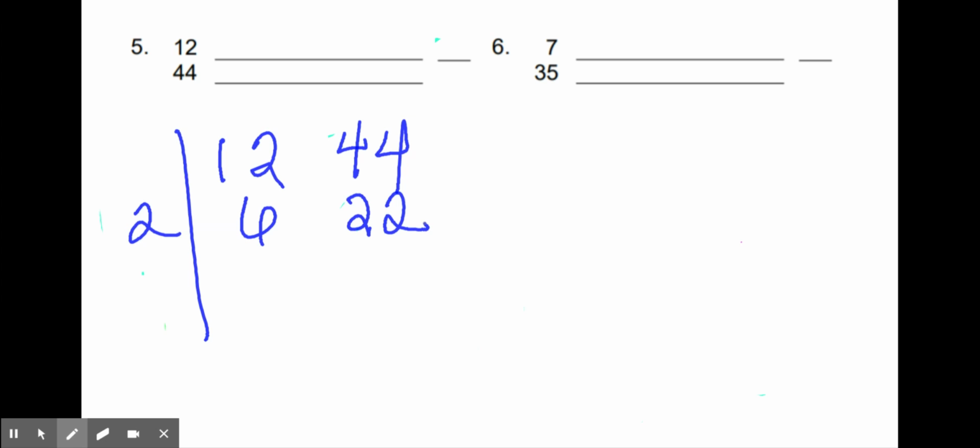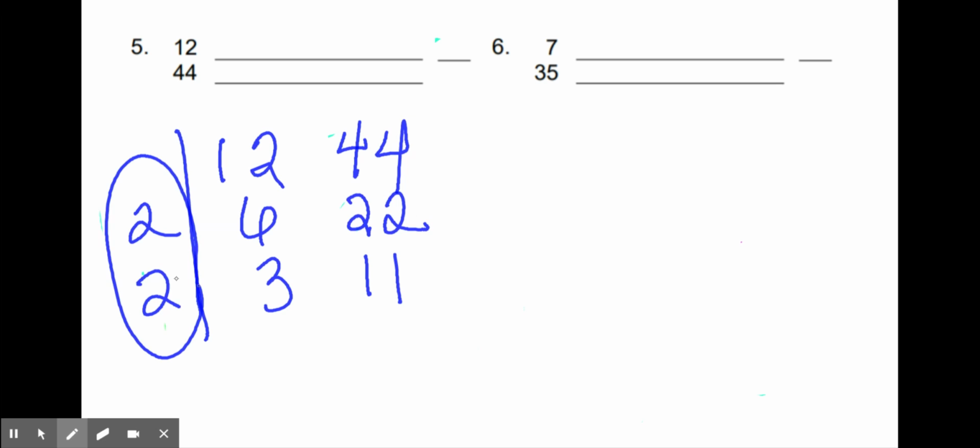Now I look at 6 and 22. They're both even, so I'm going to do another 2. 6 divided by 2 is 3, and 22 divided by 2 is 11. There's nothing that goes into 3 and 11 except 1, so I'm done. So I'm going to multiply the 2 and 2 together, and I get 4.